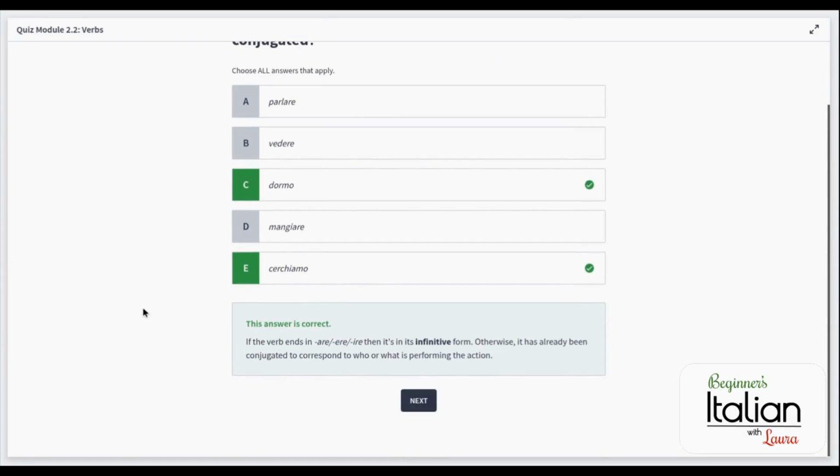The correct answers were C and E. If the verb ends in are, ere, or ire, then it's in its infinitive form. Otherwise, it has already been conjugated to correspond to who or what is performing the action. In this case, dormo and cerchiamo.